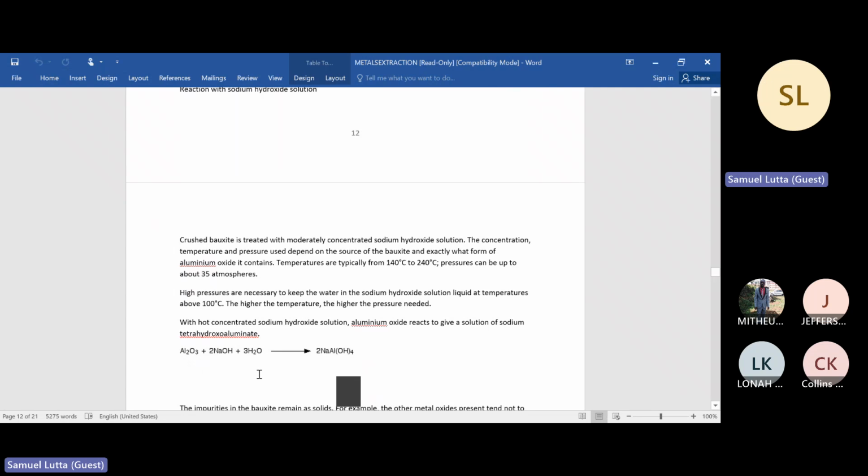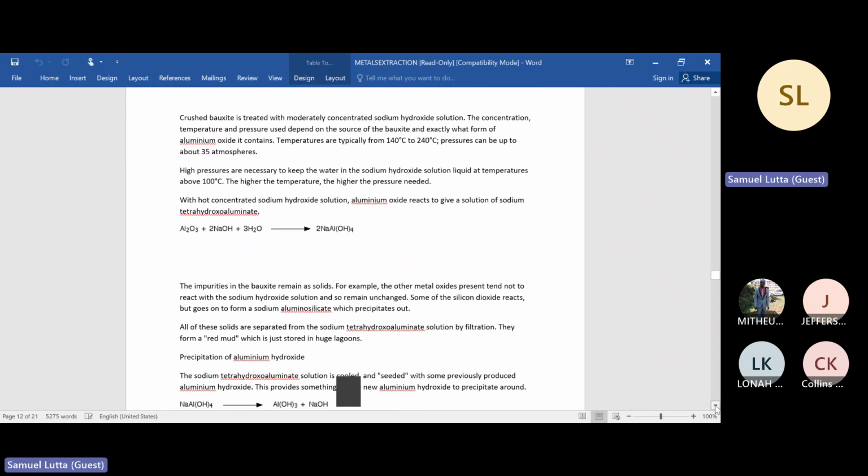Here you get a complex where, instead of aluminium hydroxide, you add another hydroxide to have 4. Aluminium can have 4 because it has an empty orbital to form the compound, and the extra charge is neutralized by sodium.